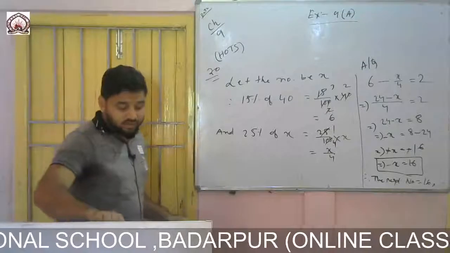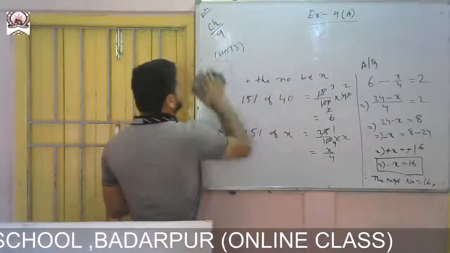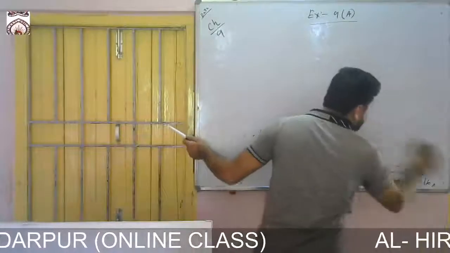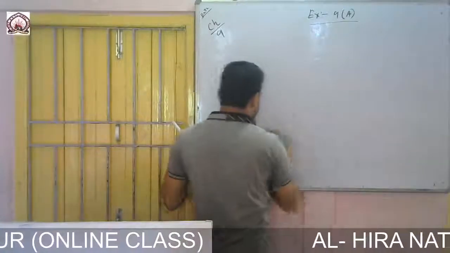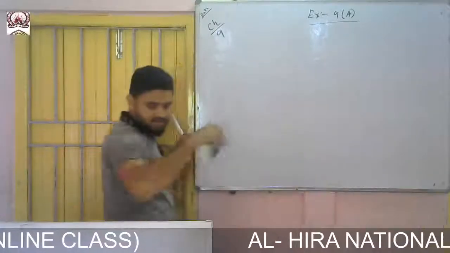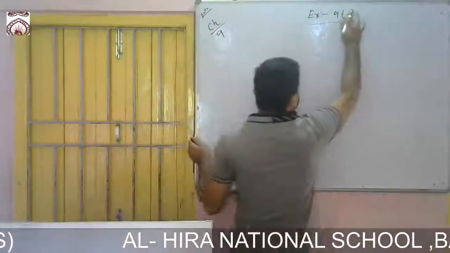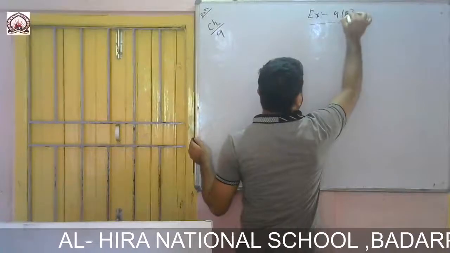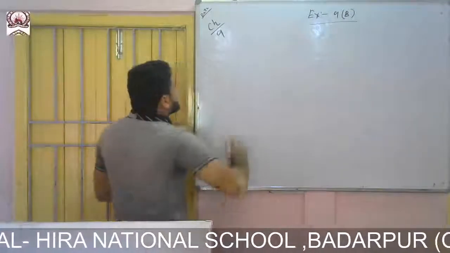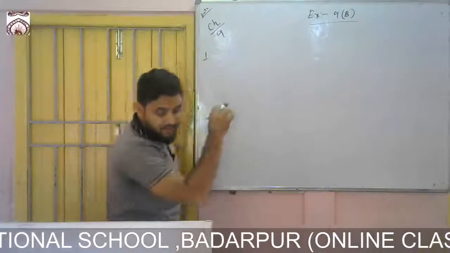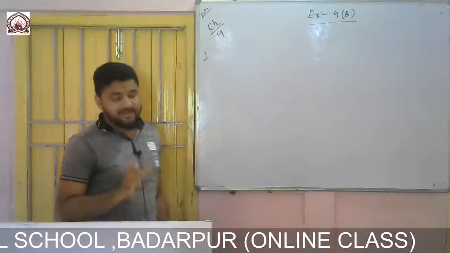So just I am writing the answer. This is nothing but plus and minus, lower classes. Here, 9B, question number 1: 23% plus 47% is 70.